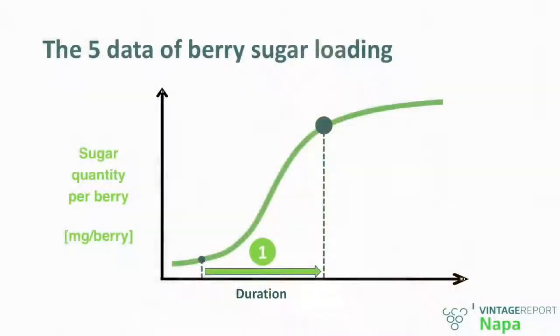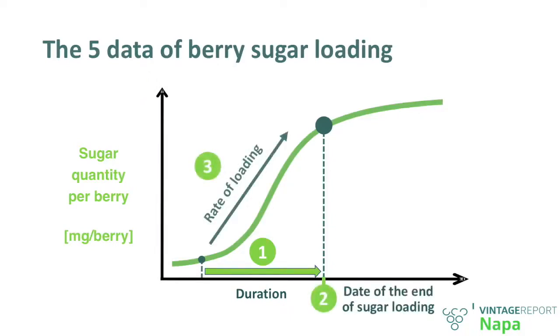So from that curve, what are the interesting data? First, we can talk about the duration of the sugar loading, from veraison to the end of sugar loading, in number of days. Second parameter that we can take from that curve is the date of the end of sugar loading, like a milestone during the ripening process. It's a chronological reference, very interesting. Then we have the slope during the first period, which is the rate of loading, the speed of loading.